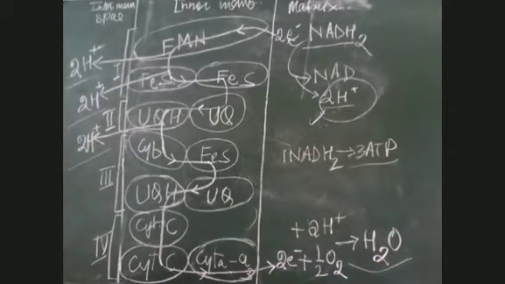So this is the complete electron transport system, which takes place through the various acceptors present in the complexes. This is how the electron travels, releasing energy and transferring the protons into the intermembrane space, and finally it results in the formation of a water molecule.